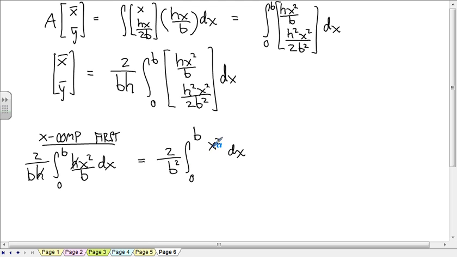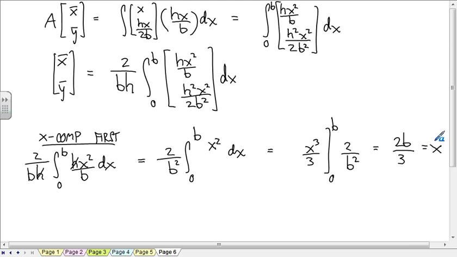Okay, and so we get x cubed over 3 evaluated from 0 to b times 2 over b squared, and so we get b cubed over 3 divided by b squared, so we get 2b over 3. Right? I think that's right.